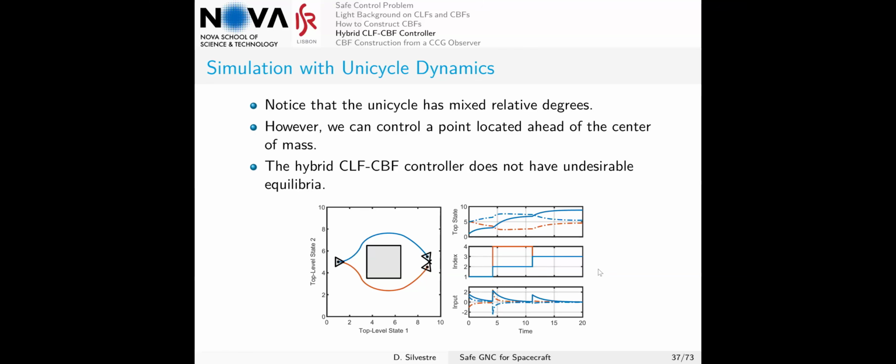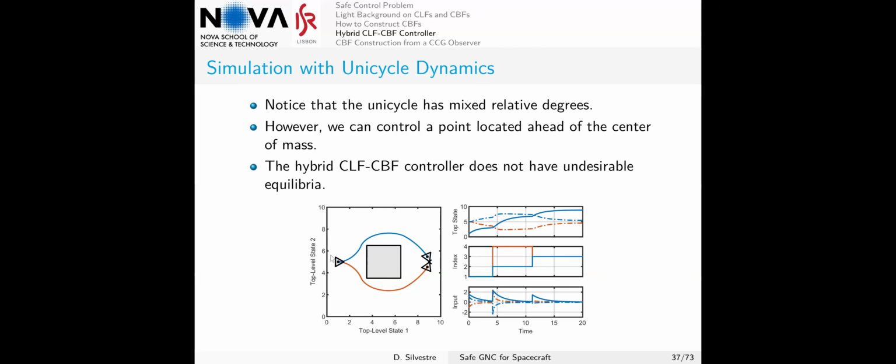Here you can see the evolution of the index, which means which of the CBFs, which of the facets, is active at each time. When we are driving downwards, at some point the fourth CBF is the one being used, so the index jumped to 4. Whereas when we are driving here, at first this is the CBF being used, then one of them goes for this one, the other goes for this one, and so it keeps on switching.